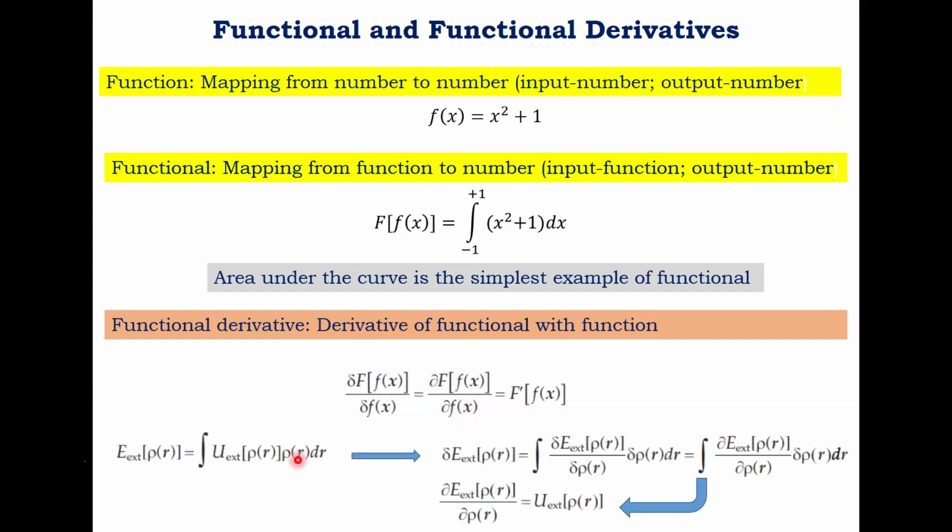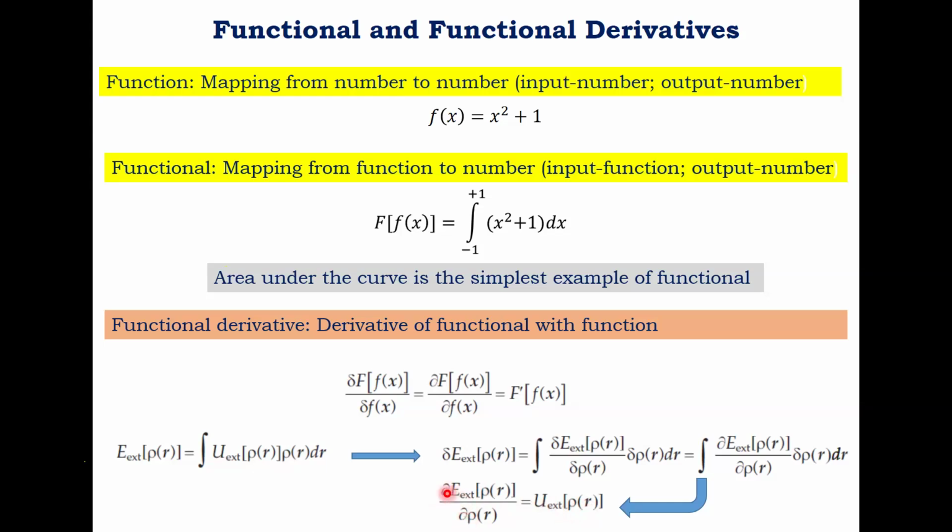If you see the example in the context of density functional theory, the external energy functional is written like this. The external energy functional is given by the integration of the external potential multiplied by the density. The external potential as a function of density is given by the change in the external energy functional with respect to the change in the density.